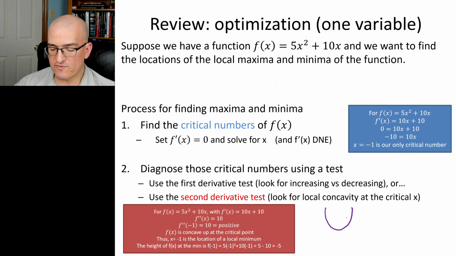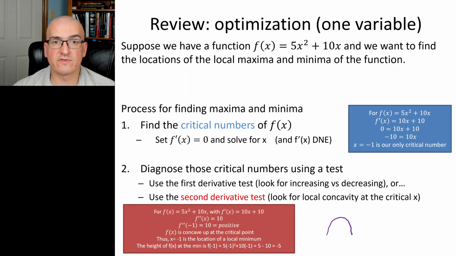Concave up is like a bowl facing up, and a bowl facing up is the shape of a graph around a minimum. If instead we plug in the number and get something negative, which means a concave down shape, then that critical number is a local maximum.